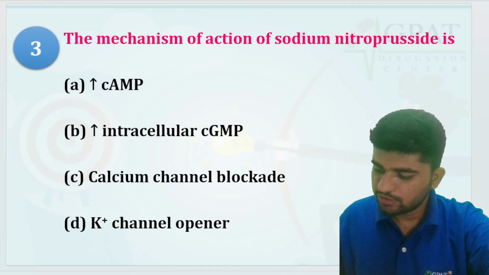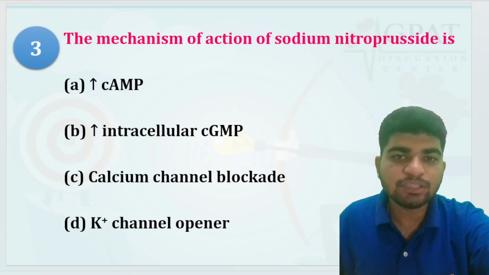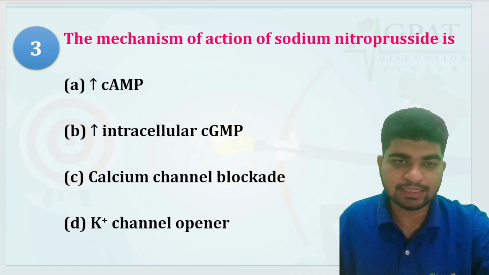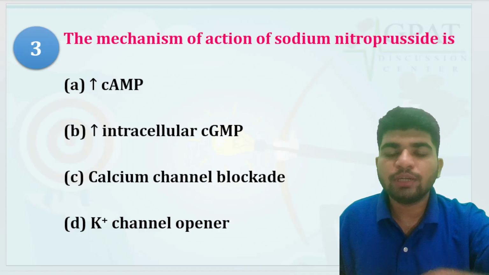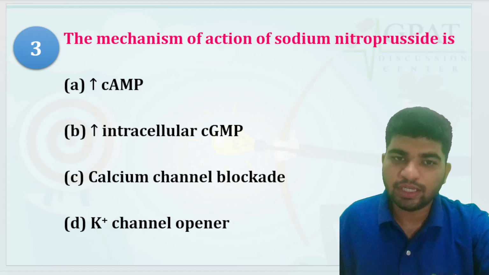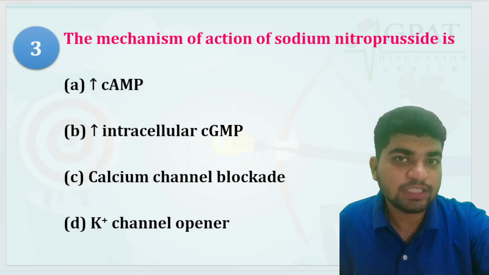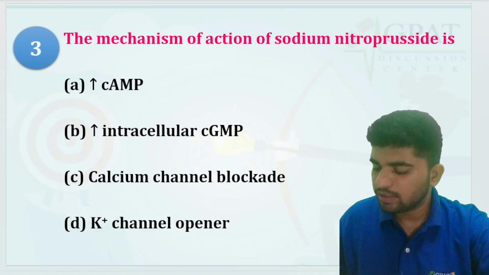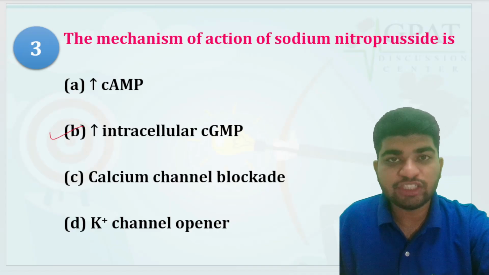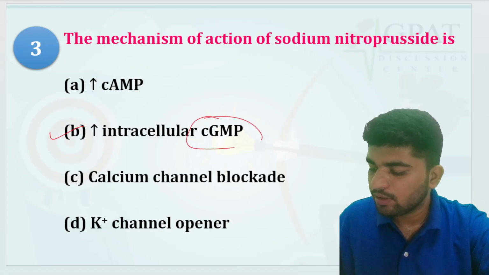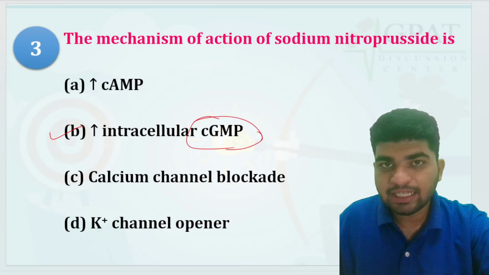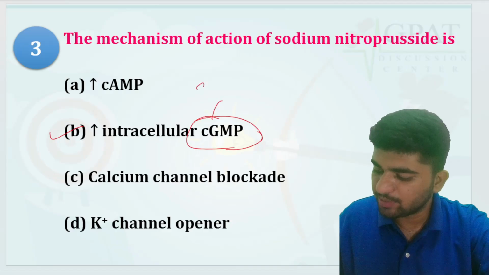The next question says, the mechanism of action of sodium nitroprusside is. Sodium nitroprusside is a vasodilator, but it acts through which kind of downstream signaling? It acts through intracellular cGMP, which is a secondary messenger.